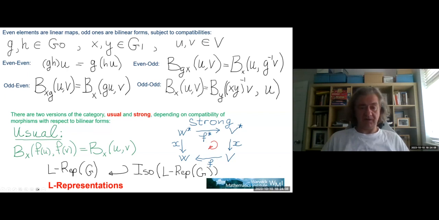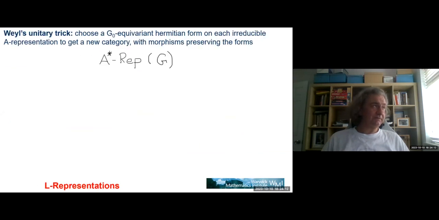Now, how do we describe this category? And we describe it with the unitary trick. So we are going back to A representation. Yes.